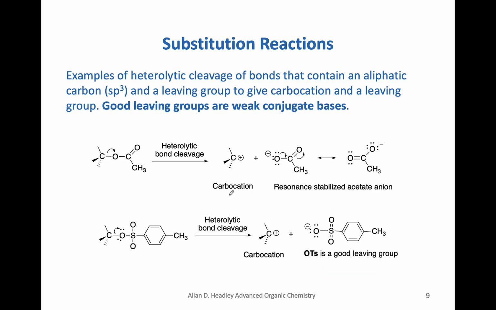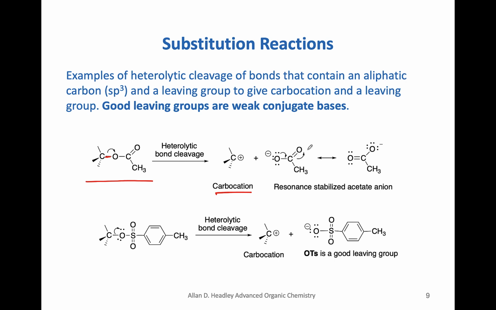So let us look at some examples here. Here is our electrophile. Here is my carbon. Here is my leaving group. This bond breaks, putting the electrons on the oxygen and forming a carbocation in the process.